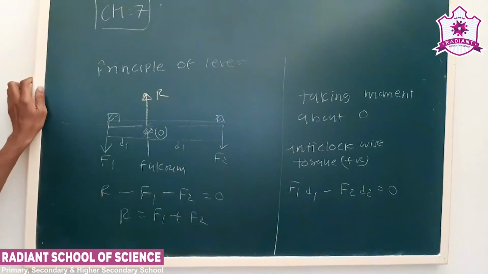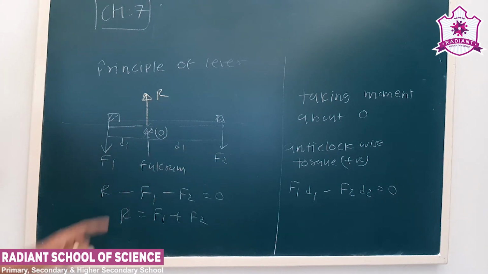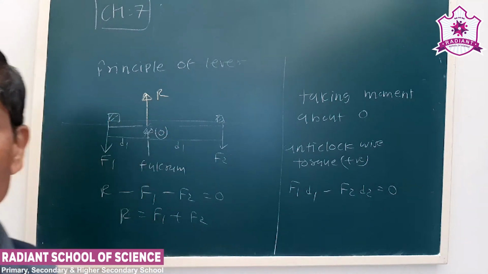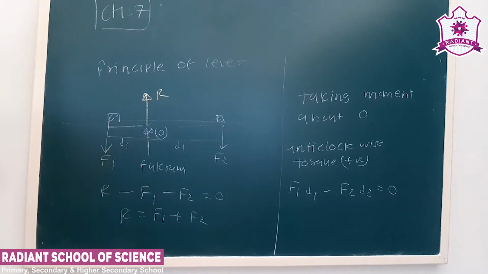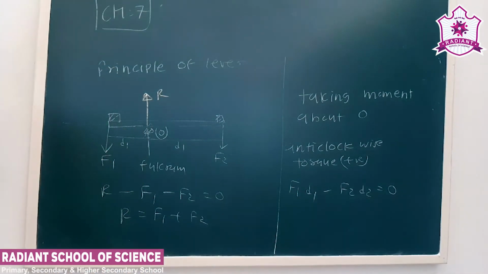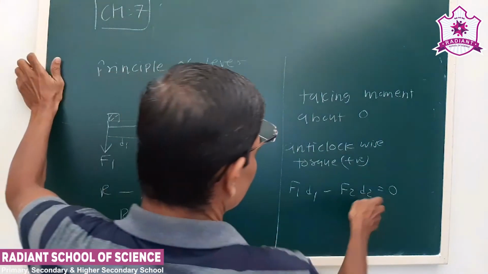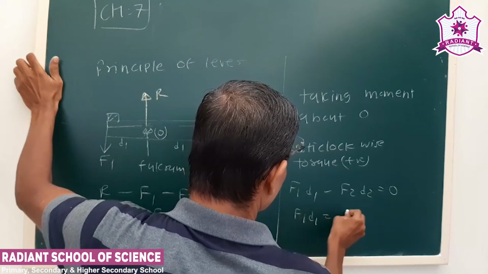This is the rotational equilibrium. Now what about the reaction R about O? The line of action of this force passes through O, so that torque is 0. Because we talk of rotational equilibrium, the total torque is 0. So F1 d1 is F2 d2.